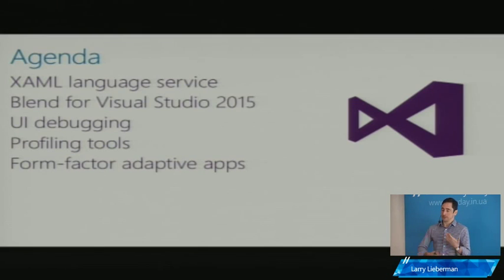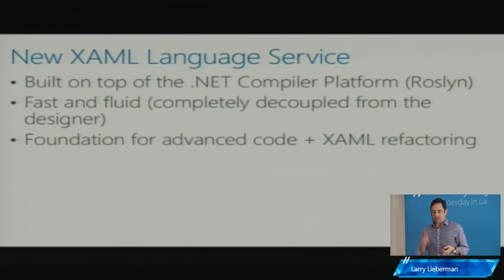That's the big thing that we talked about there. I'm going to talk a little bit about your ability to create custom forms that you can do as well in your single binary. So let's start out with the XAML language service.